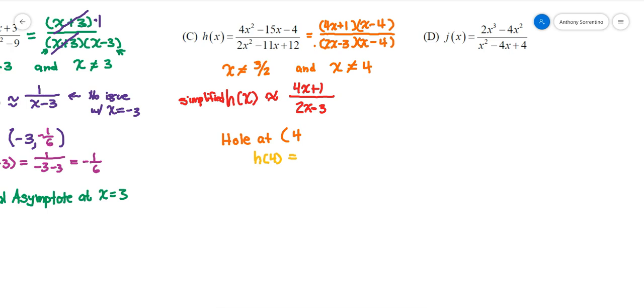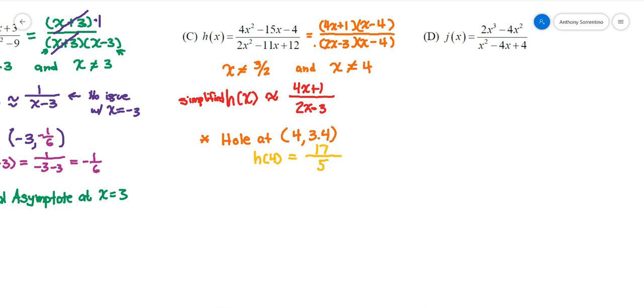But if I let x be 4, the simplified version of this becomes 17 over 5. So make sure everything's cool there. And 17 over 5 is approximately equal to 3.4. So I'm going to have a hole at (4, 3.4).